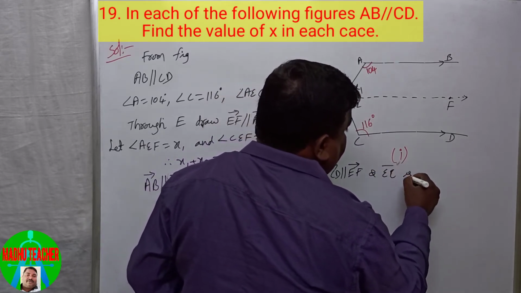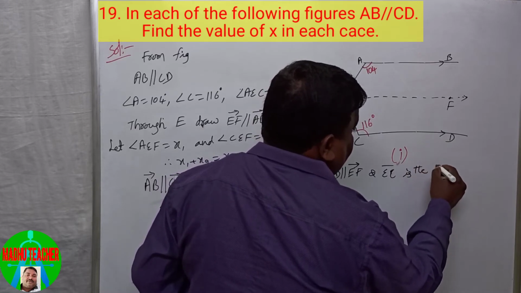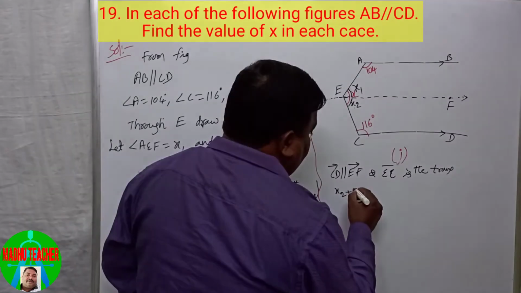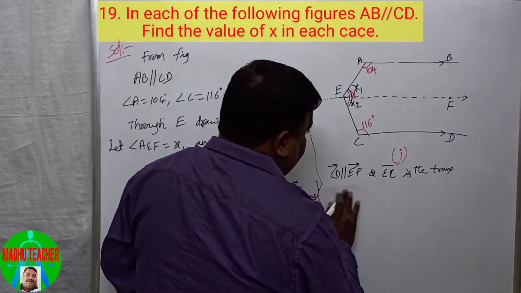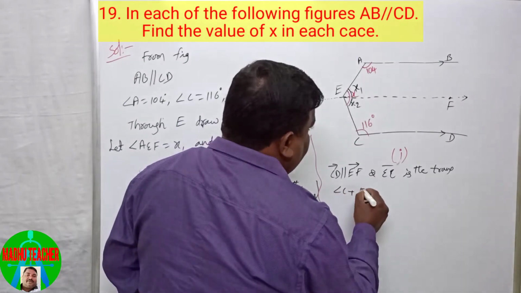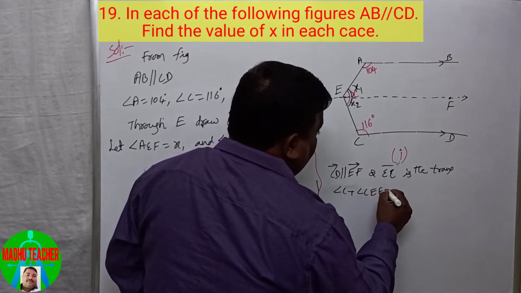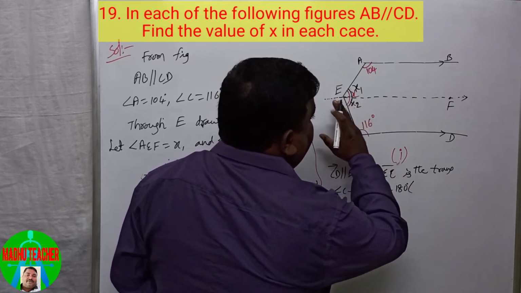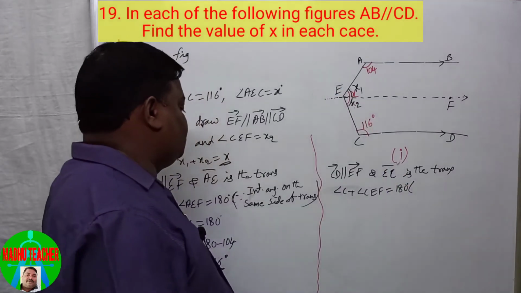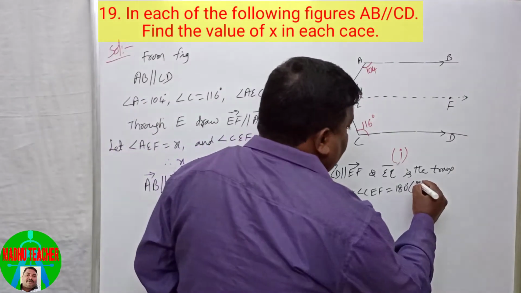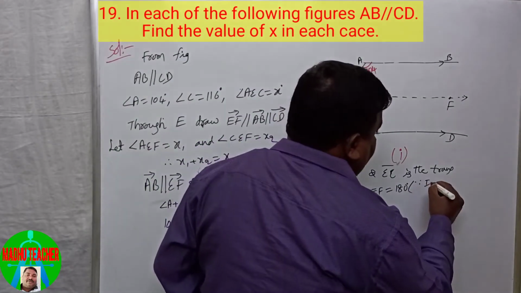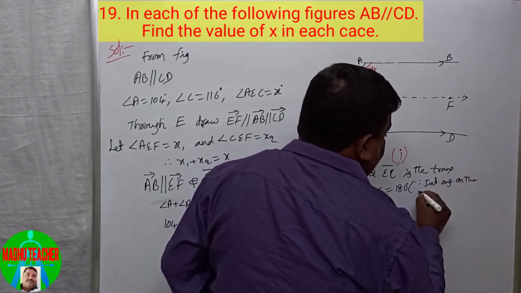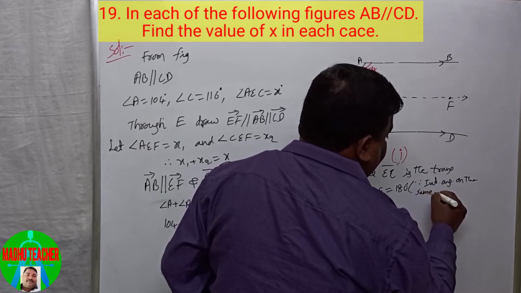Therefore, x2 plus 116, or we can write angle C plus angle CEF equal to 180 degrees, since these are interior angles on the same side of the transversal.